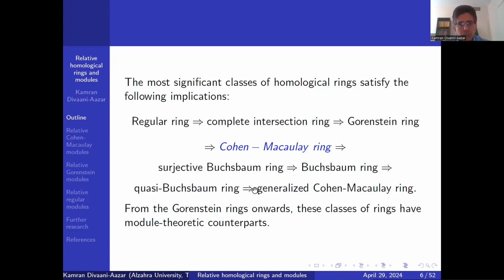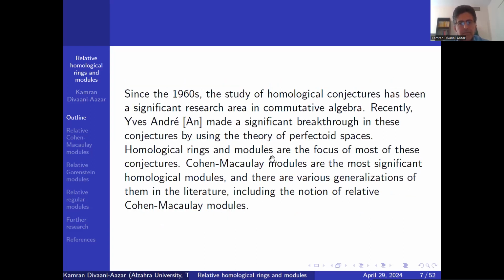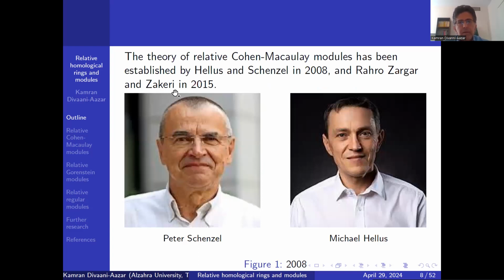Since Cohen-Macaulay rings are very important, many mathematicians try to extend this theory to a more generalized setting. One of the generalizations of Cohen-Macaulay rings is relative Cohen-Macaulay rings. The theory of relative Cohen-Macaulay modules was established by Hellus and Schenzel in 2008, and Rahro Zargar and Zakeri in 2015.